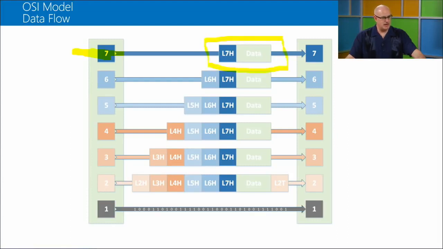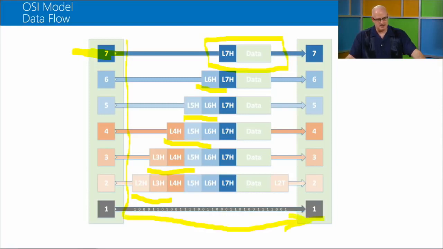As it transfers down the model, each layer adds its own component to the data. Then it gets transferred across the network. And as it goes back up the model, that information is stripped off until we're back to just the data.